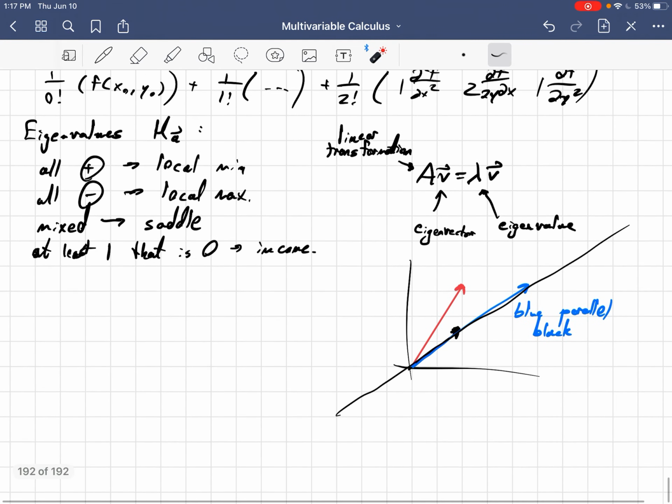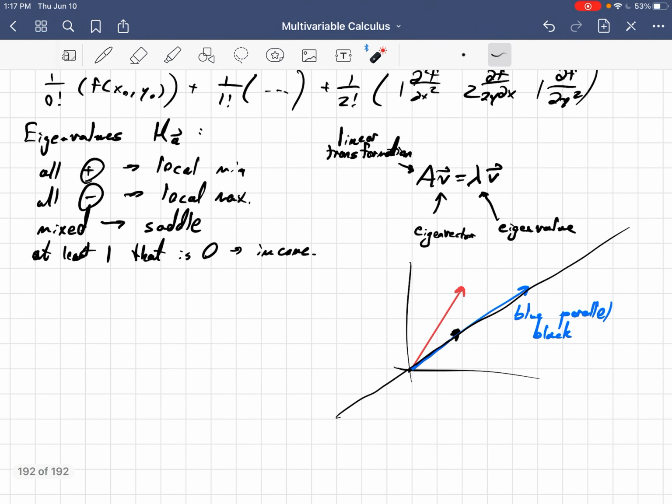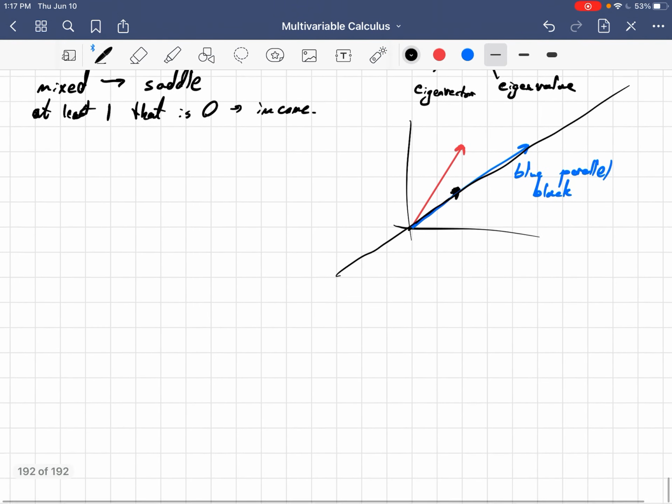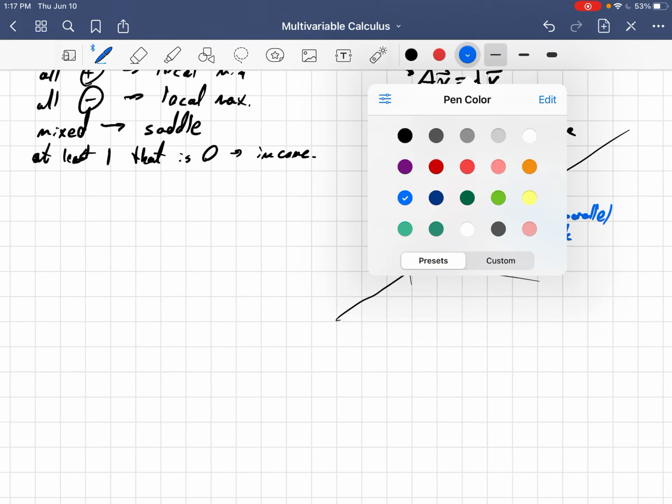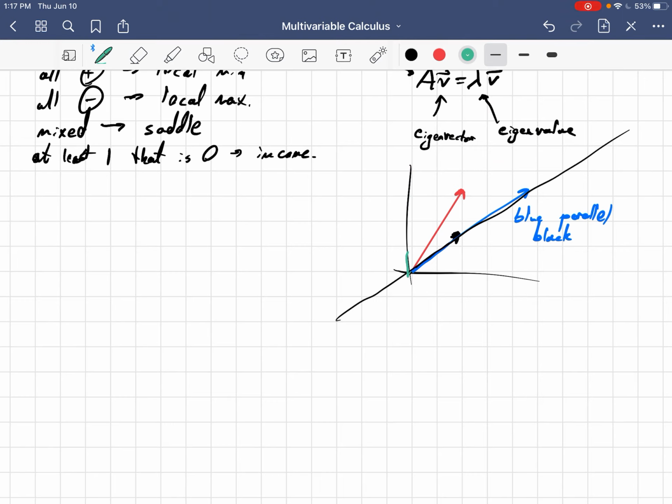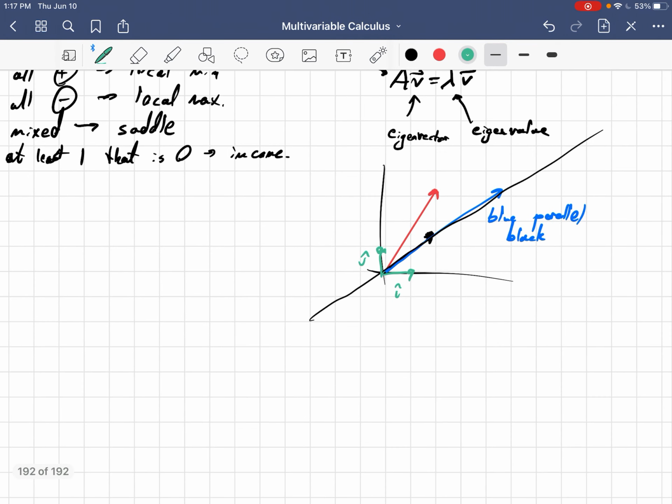Now, if I look at the eigenvalues of the Hessian matrix and they're all, say, positive, we have a local minimum. And why is that? Well, the eigenvectors are some linear combination of my standard basis vectors, i hat and j hat.